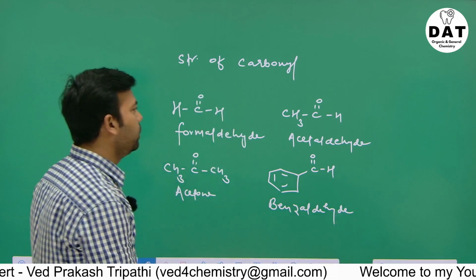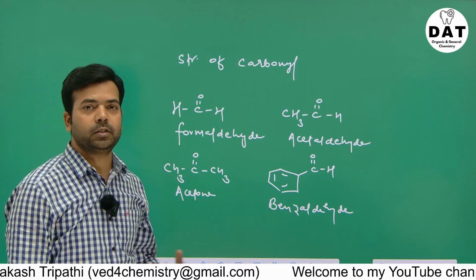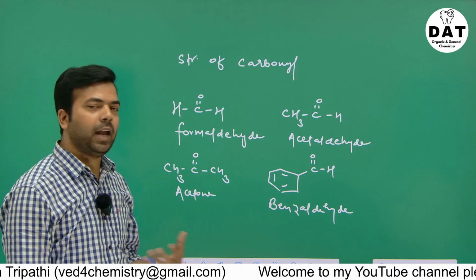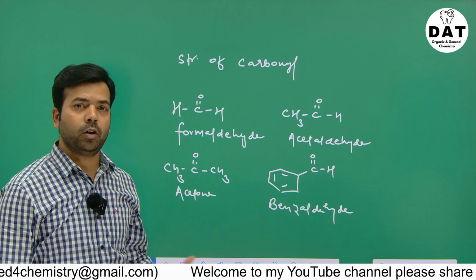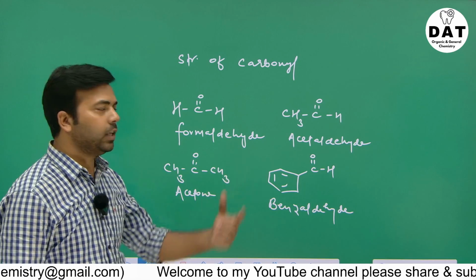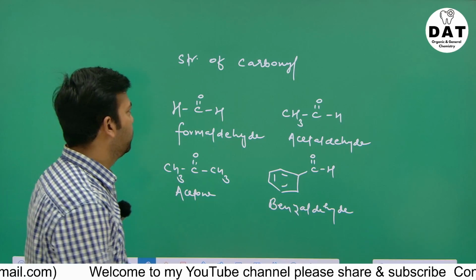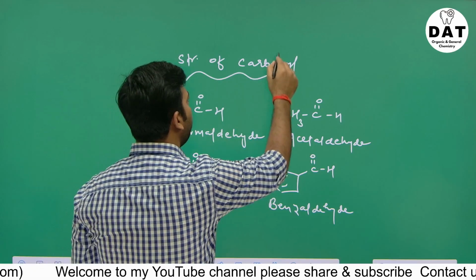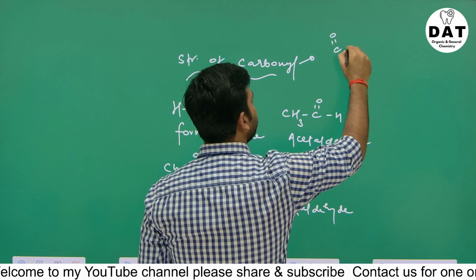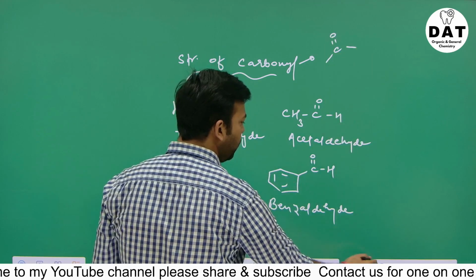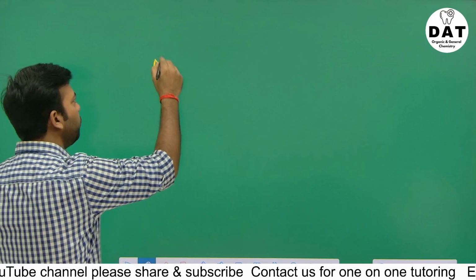Okay, so these 4-5 structures are very important and very common, because sometimes it can be a direct question, like what happens if you are going to reduce benzaldehyde, or what happens if you are going to oxidize acetaldehyde. Make sense? So these structures are very important. So this is the structure of carbonyl. Carbonyl means C double bond O again. Clear? Let's talk about a very important reaction which is called nucleophilic addition.